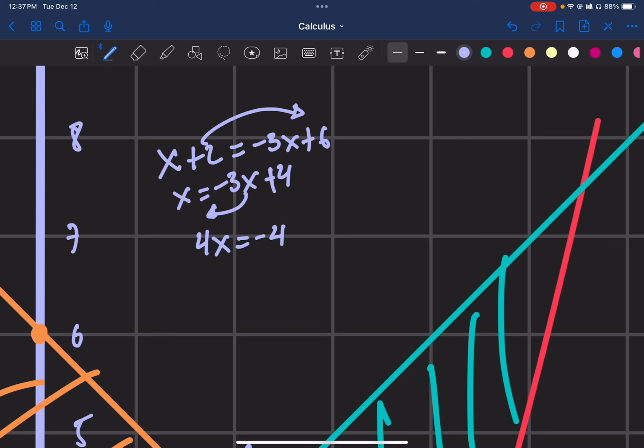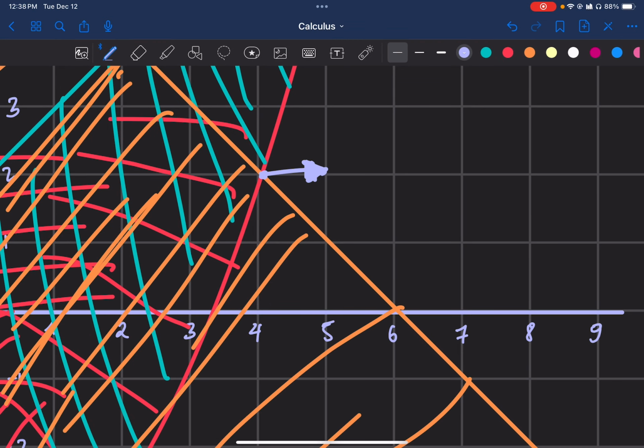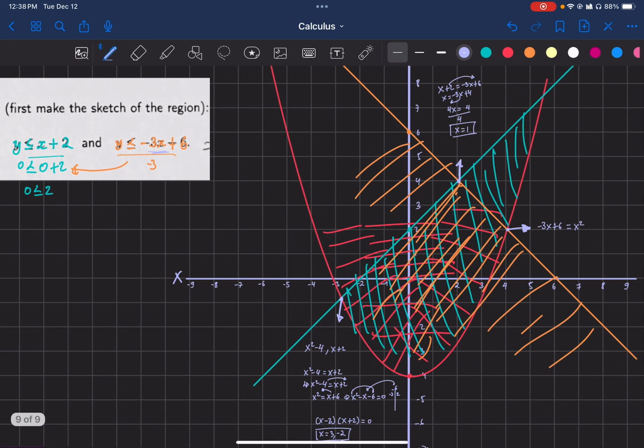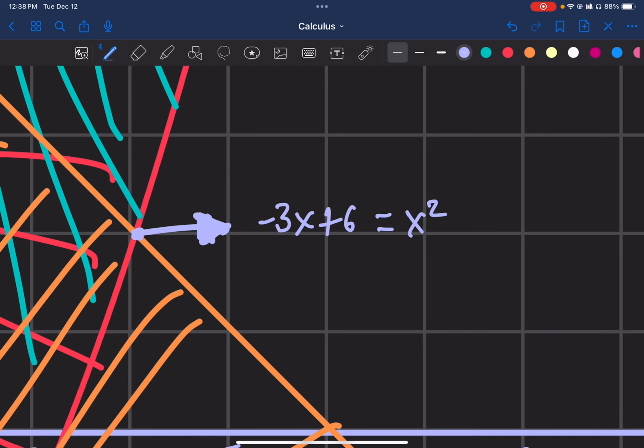Right? Now, I can come here where my lines were negative 3x plus 6, and then that meets the line x squared minus 4. Is it minus 4? I keep on forgetting. Yes. x squared minus 4. I'm going to be solving for x once again because I don't like to work with negatives. I'm going to bring my 4 to the other side.